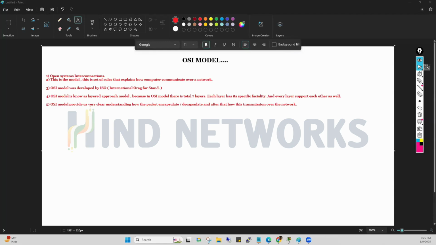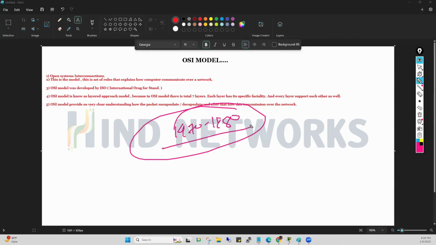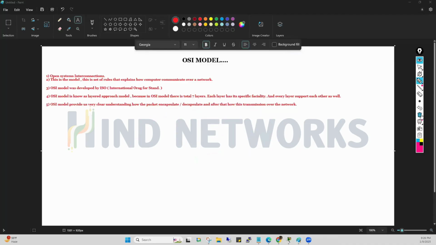So when you check on Google, maybe you will get around 1970 or 1980. At that time the OSI model was developed, but it was officially published, or introduced, in 1984. So basically, that was the history of the OSI model.